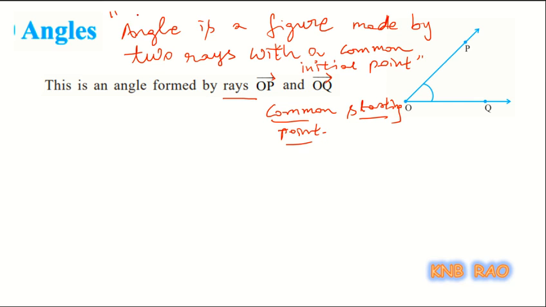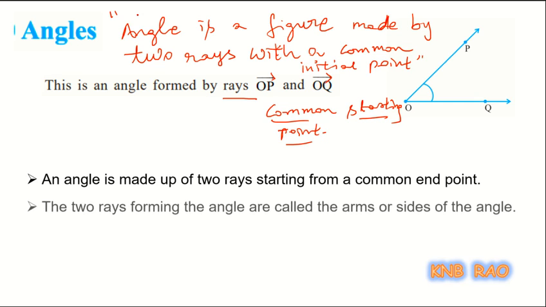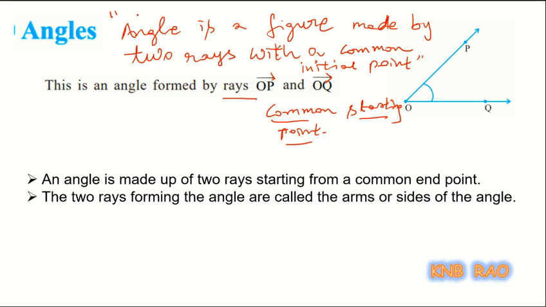Okay. So let us see. An angle is made up of two rays starting from a common end point, or made by two rays with a common initial point. Same way we can define. Next, there are special names to these rays. These two rays are called sides of an angle.